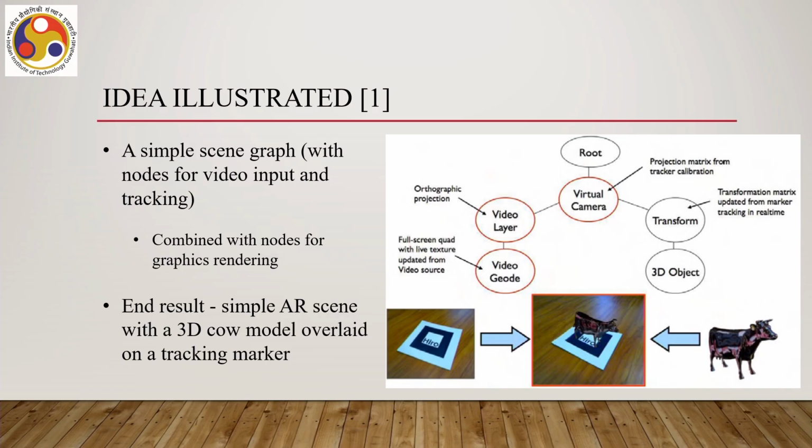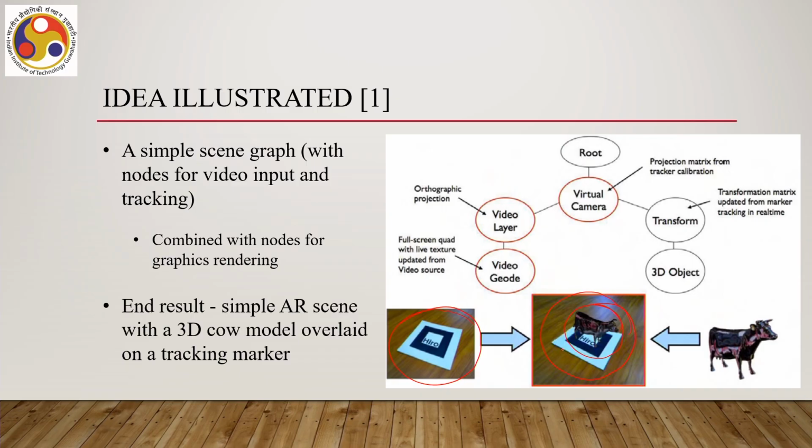Through this example, we can try to understand the concept of a framework based on AR toolkit and OSG. Suppose we have this marker on a table. When we point our mobile phone, then the phone detects the marker and then a 3D object, that is a cow, pops up on your screen.